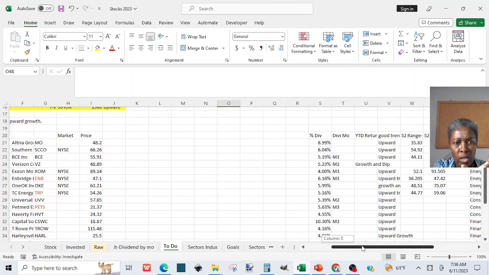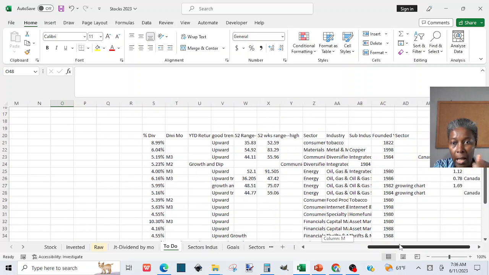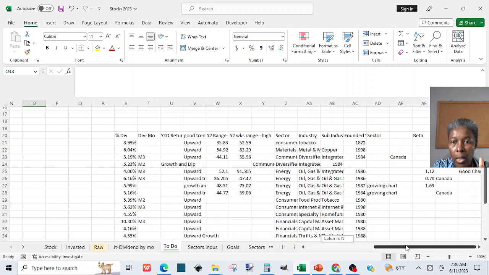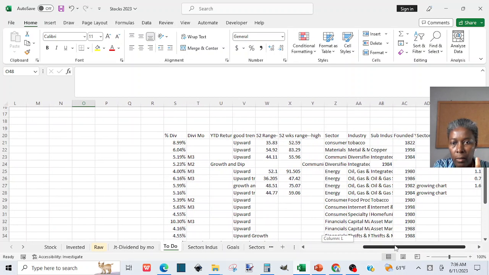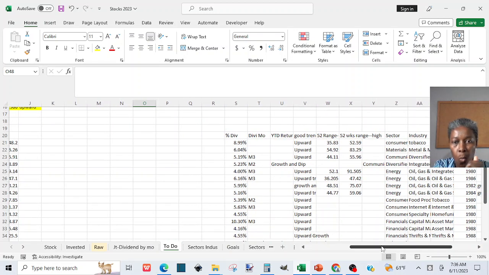But pretty much what I try to do here is I went through every sector that I have on that master tab and just pull all my upward, and I have some growth and dip, and probably because I could say they are upward, they are growth and dip, but there are some growth to them.